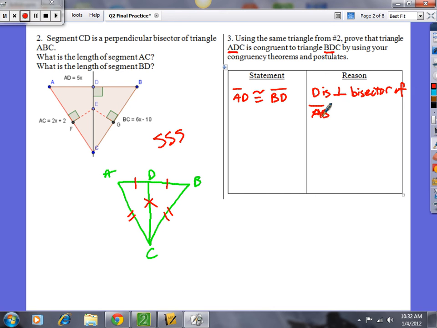Okay, reason number 2, I'm going to do this. DC is congruent to itself because of the reflexive property.